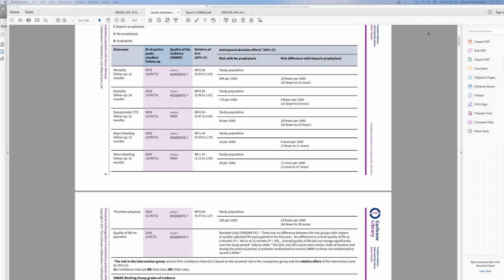GRADE has identified five situations, we call them paradigmatic, in which you might make a strong recommendation with low quality evidence, but those are unusual. So bottom line is, yes, you make recommendations with low quality evidence, but they're very likely to be weak or conditional recommendations.